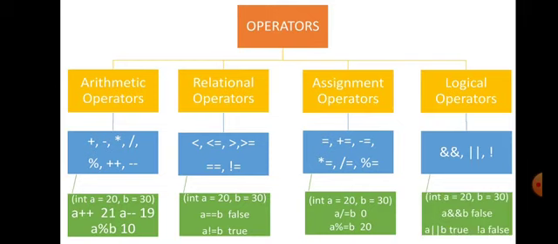With an example, A is 20, B is 30. Ampersand ampersand means on both sides the condition should be true. Since on both sides the condition is not true, finally it is false. A either or means in any case it is going to be true, and NOT of A is finally given as false because A is true.